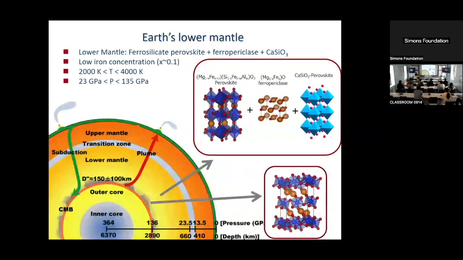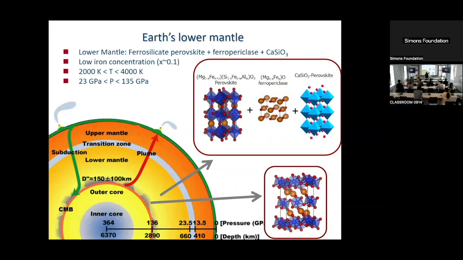So this is the lower mantle. We have bridgmanite, magnesium silicate perovskite with iron, ferropericlase, MgO in the rock salt structure with iron, and calcium silicate perovskite. It's a highly anharmonic phase, and a small amount in the mantle. So these are the main phases we are concerned with. Deep here, you have post-perovskite, a transition in bridgmanite.